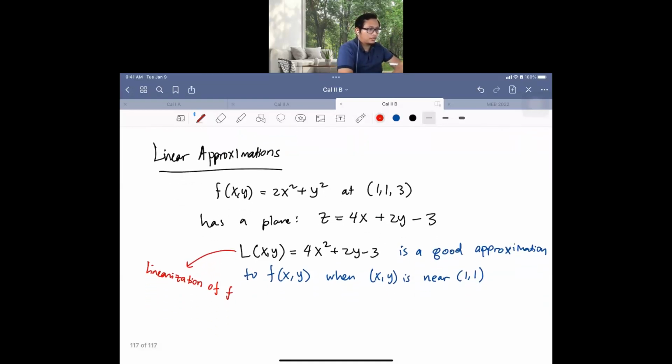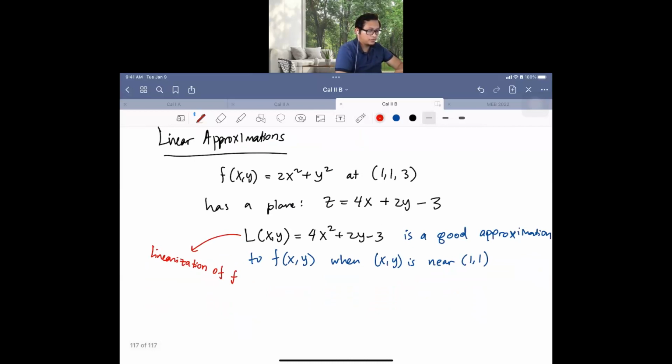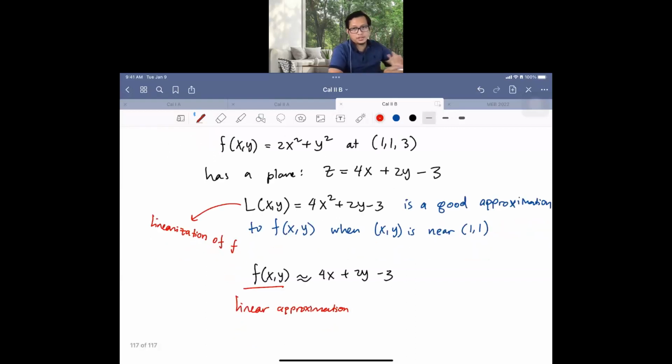And we can write in terms of f(x, y) approximately 4x plus 2y minus 3. This will be a linear approximation. Or we can also say, because we are in a tangent plane, this is tangent plane approximation.